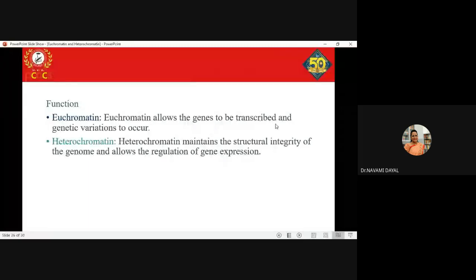Genetic variations are possible because of euchromatin, and heterochromatin maintains the structural integrity of the genome. It allows the regulation of gene expression. So these are the two important functions of euchromatin and heterochromatin.